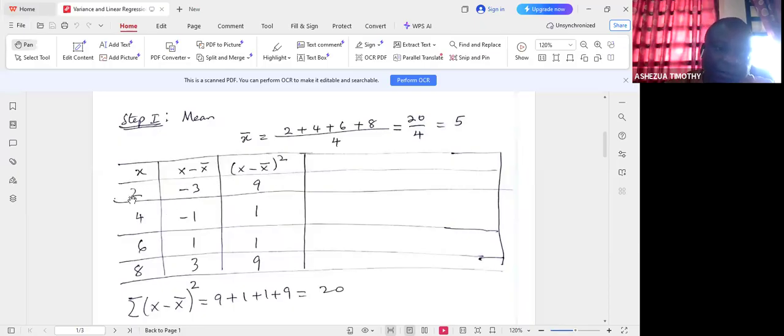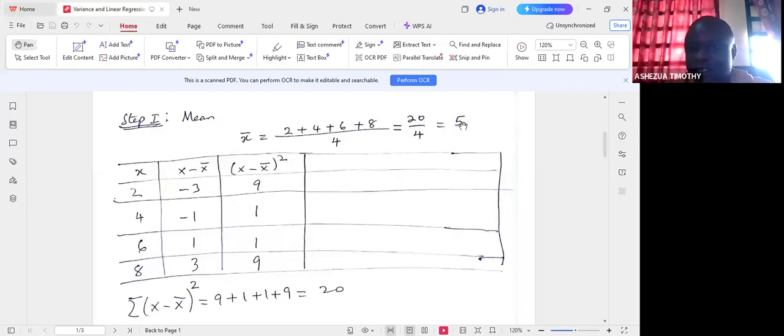Now, you have your 2, 4, 6, 8, these are the set of numbers here. Next, you create a column for x minus x bar. And how do we get minus 3? Your x are all these values here.